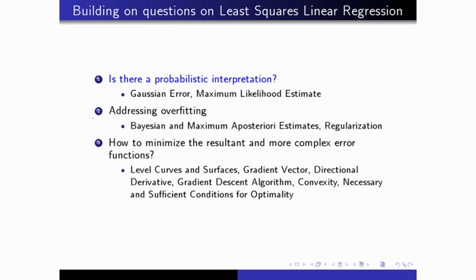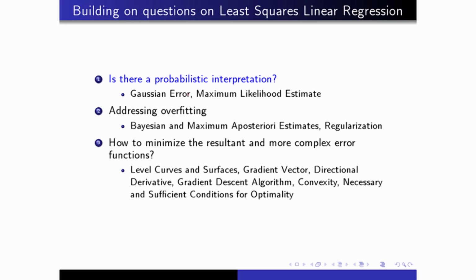The topic that we will naturally be led to by our discussion today is that of overfitting. So we will introduce and motivate overfitting, but in the following lectures we'll talk of how overfitting could be addressed through a Bayesian approach to estimating parameters as against the maximum likelihood estimation.